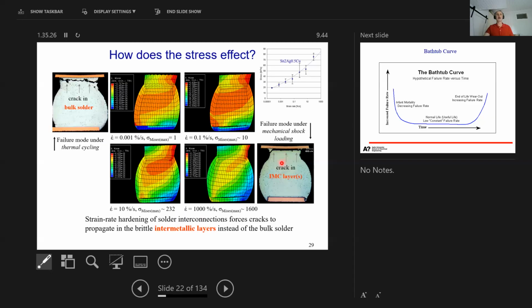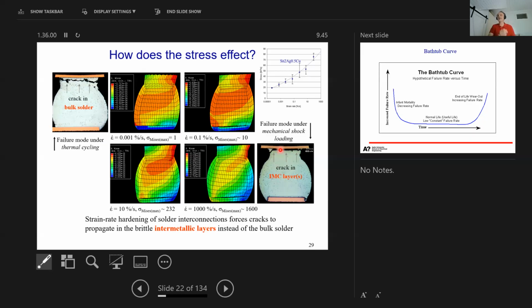So this just points out that if we are designing the solder joint against thermal cycling, we need to pay attention to the properties of the solder joint. But if we are designing the solder joint against shock loading, dropping conditions, then we need to pay more attention to the interface between the solder and the metallization. So actually the intermetallic compounds, the chemical reaction products which are happening.